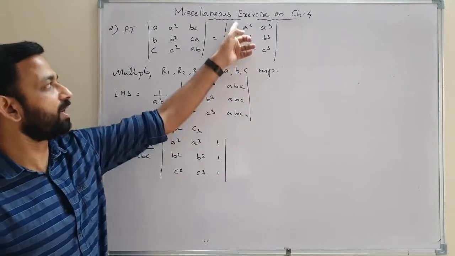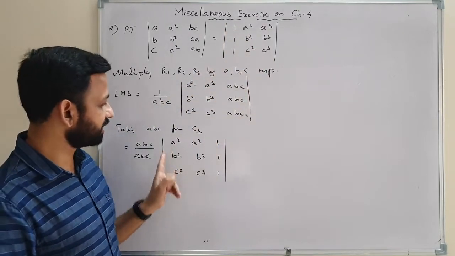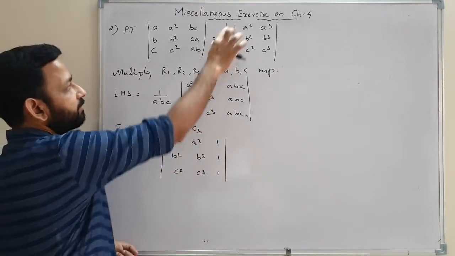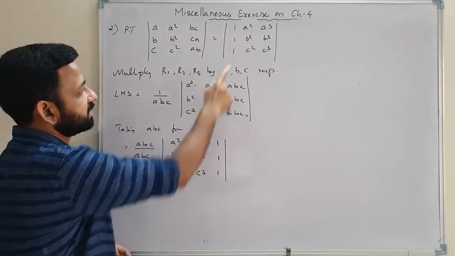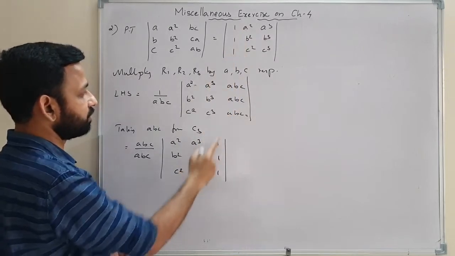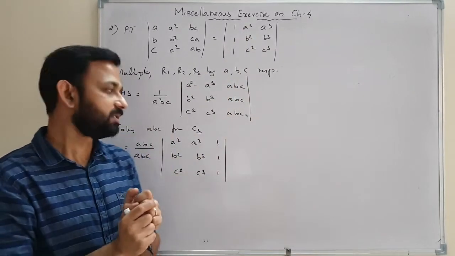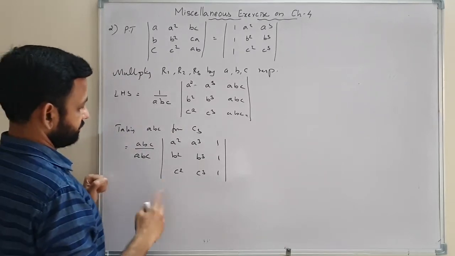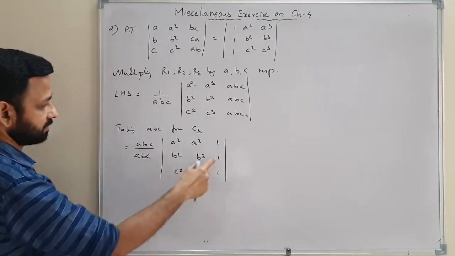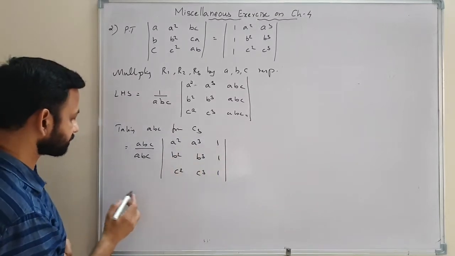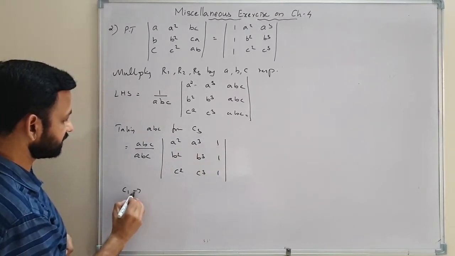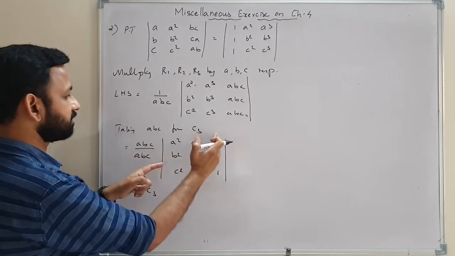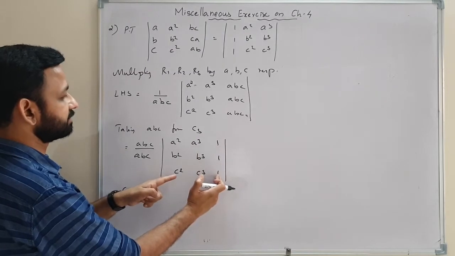But we need to get 1, 1, 1 as the first column. Here the columns are exactly the same: 1, 1, 1; A square, B square, C square; A cube, B cube, C cube, but the order is different. So we can interchange. When we interchange C1 and C3, we will get 1, 1, 1 here, and A square, B square, C square here.